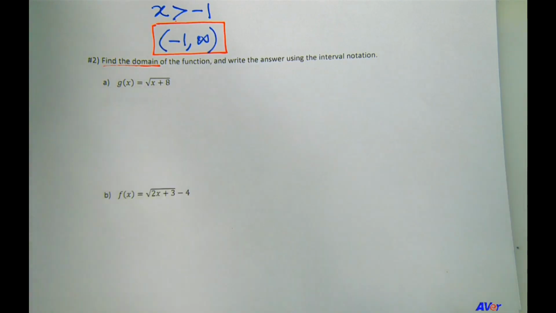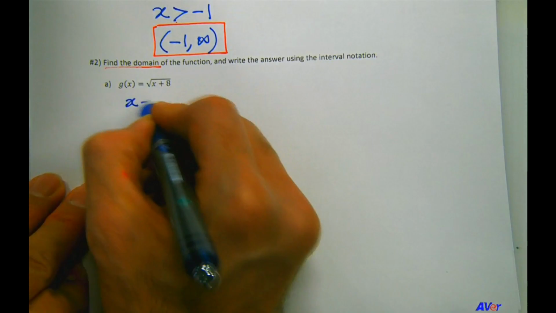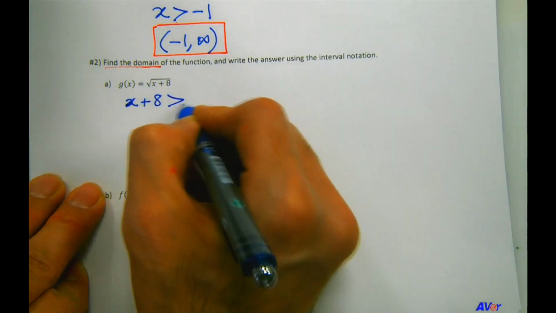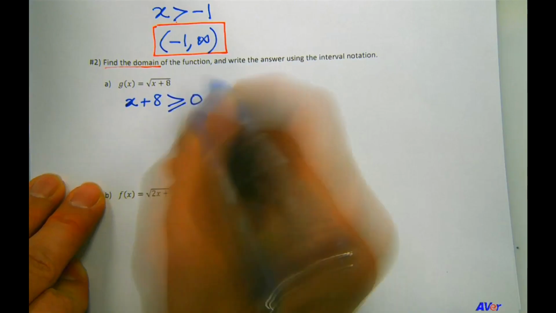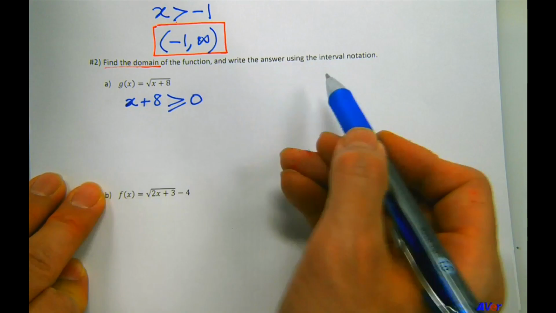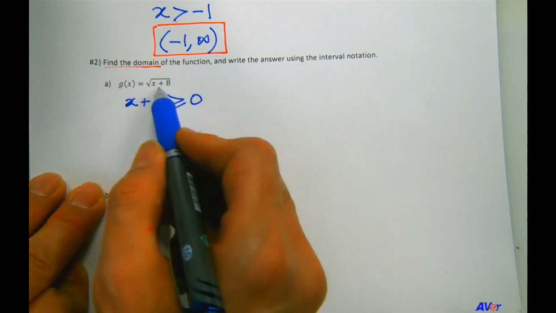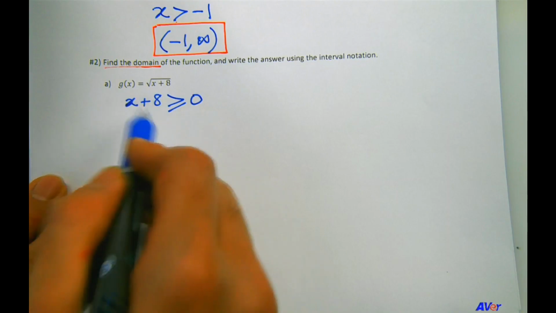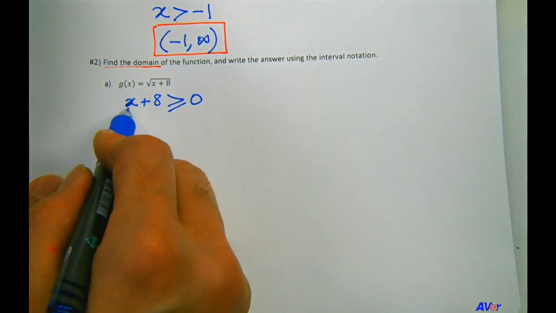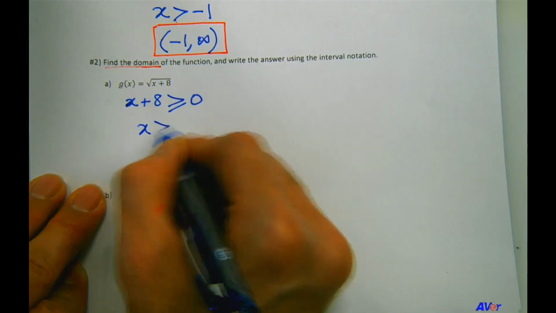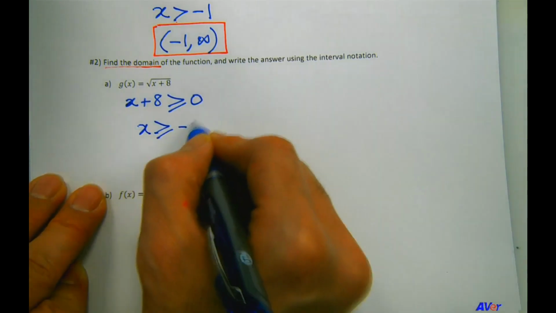So let's start with that condition. x + 8 can be equal to or greater than 0. So it can be 0. It can be anything positive, greater than 0, but it cannot be negative. This is the condition we must meet as we solve for x. So x is greater than or equal to -8, right?